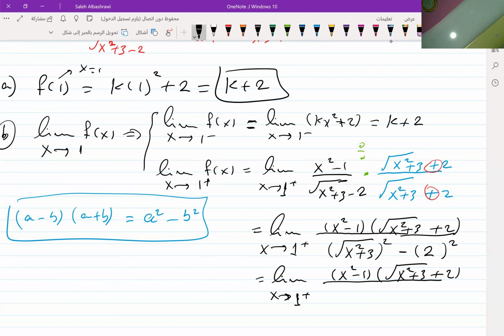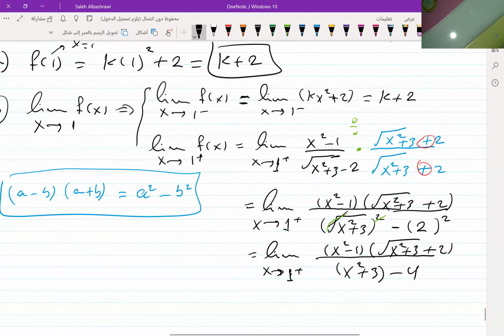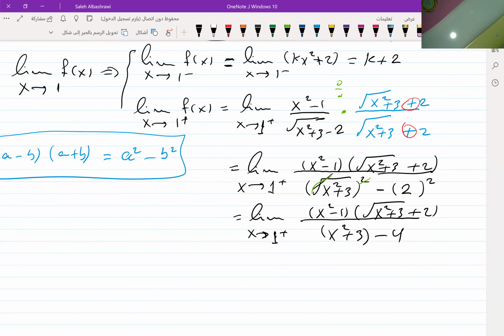We know that the square root will cancel the square, they are opposite of each other. So I will have x squared plus 3 minus 4. So this one, which is in the denominator, x squared plus 3 minus 4, is equal to x squared minus 1, which means I can cancel this one with the x squared minus 1.